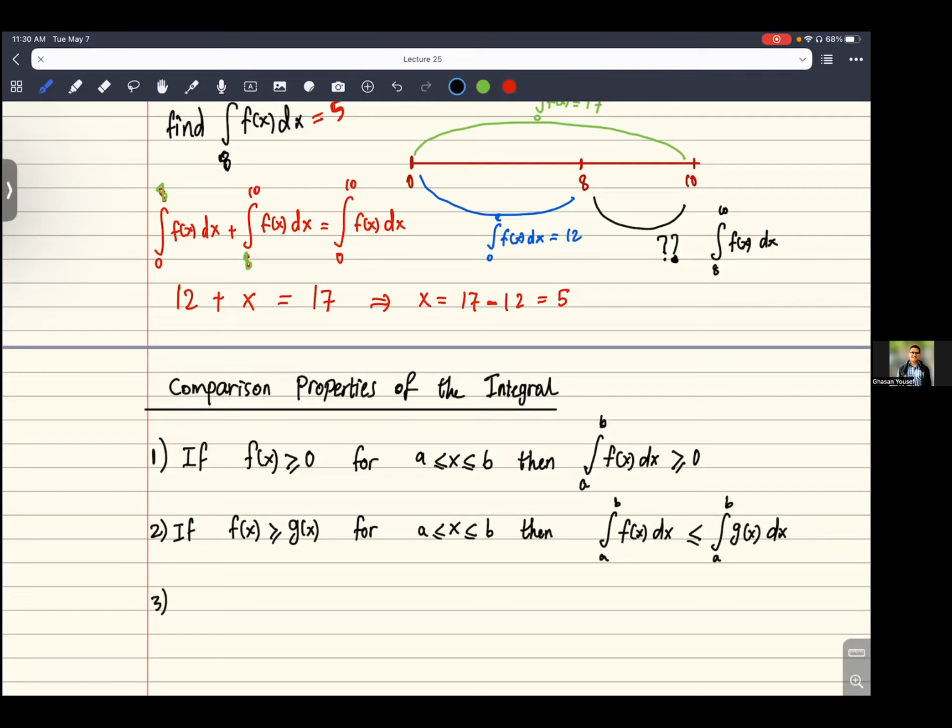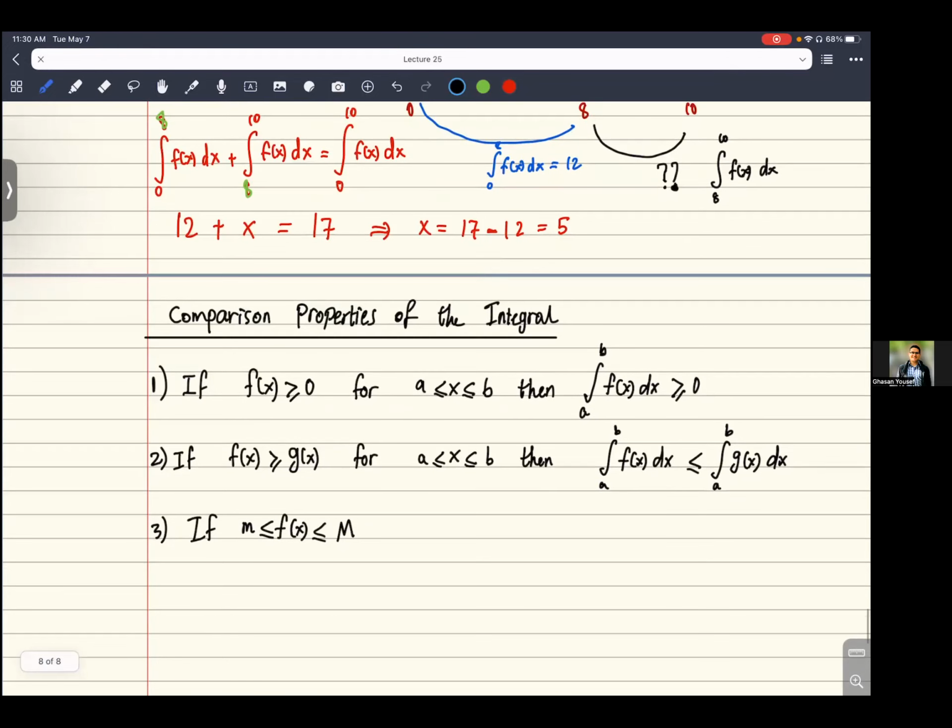The last one, if f of x is between a minimum value m and a maximum value M for x between a and b, then m times b minus a is smaller than or equal to the integral of f of x dx from a to b, which is smaller than or equal to M times b minus a.